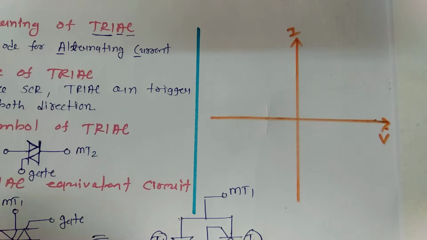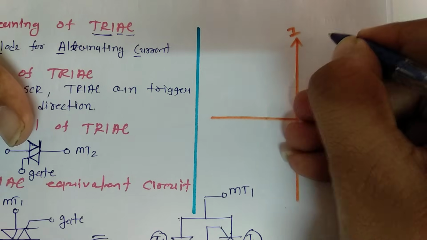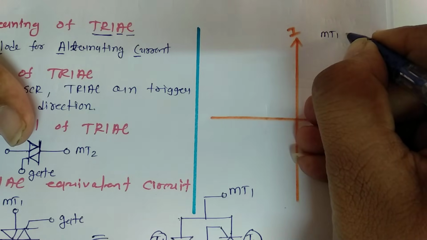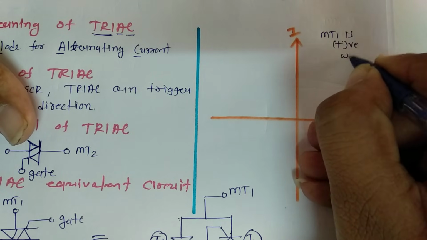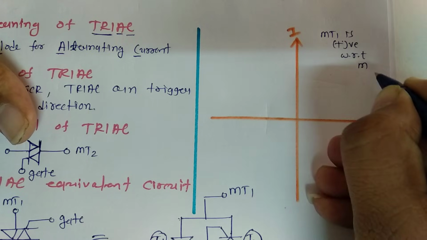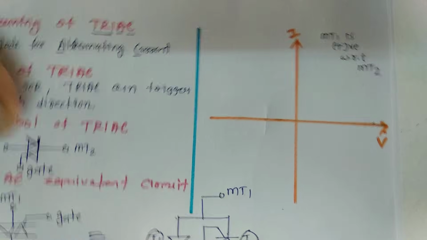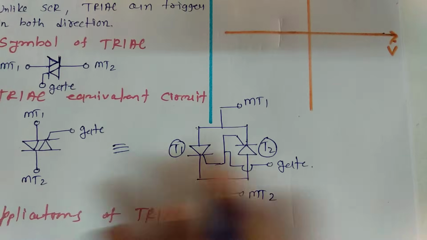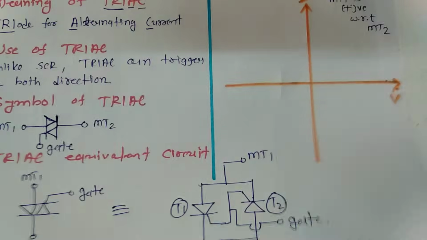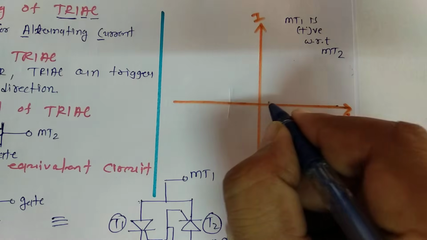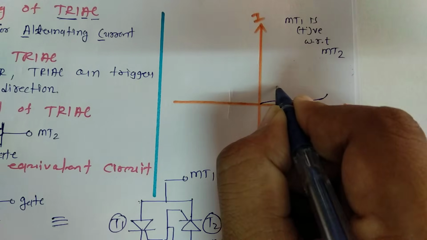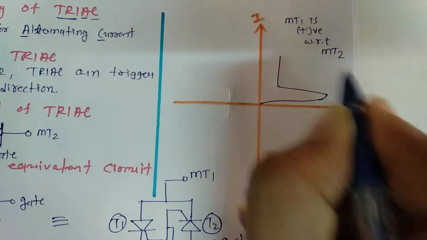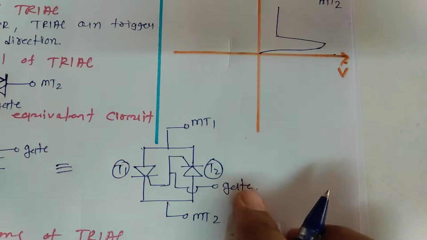Now when we see its characteristic, if MT1 is positive with respect to MT2, at that time T1 is in forward bias and T2 is in reverse bias. So one can clearly say its characteristic is like this. And here we have gate control too.